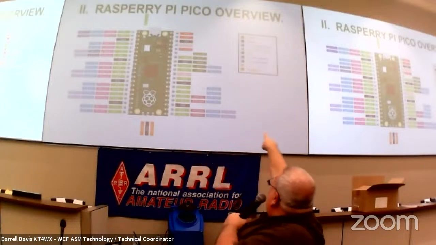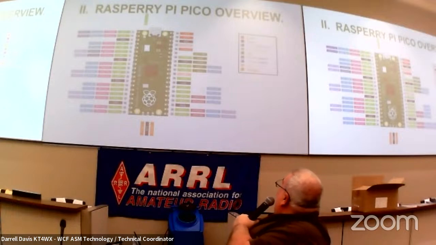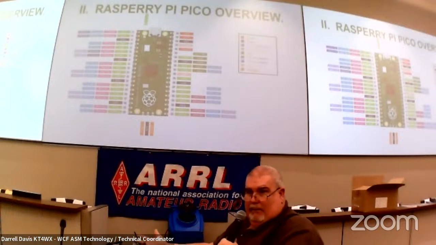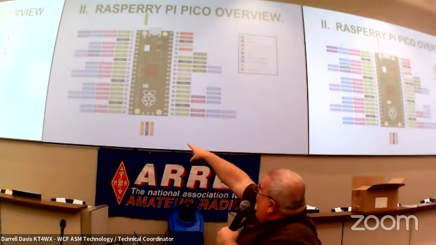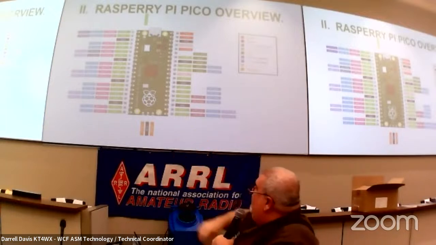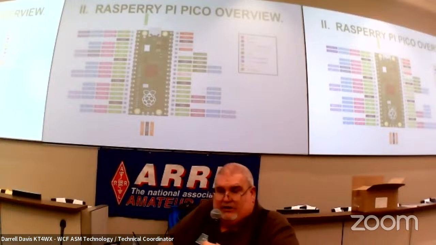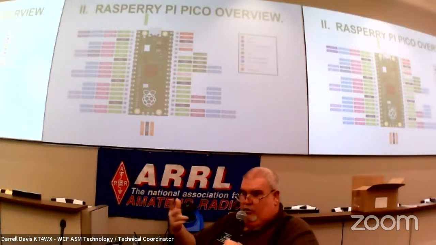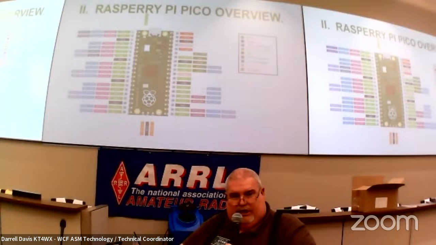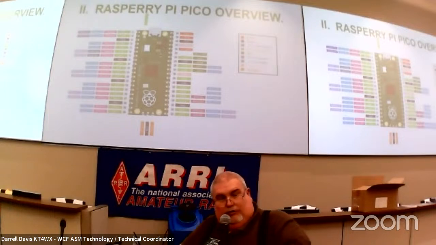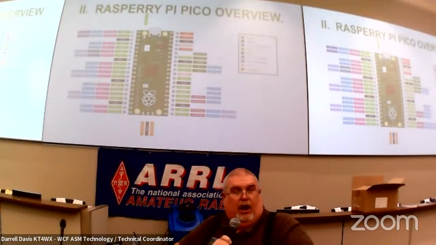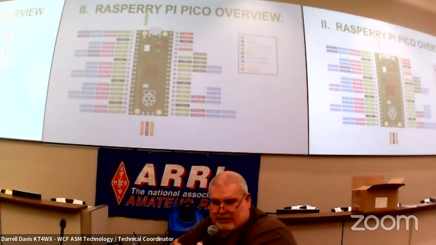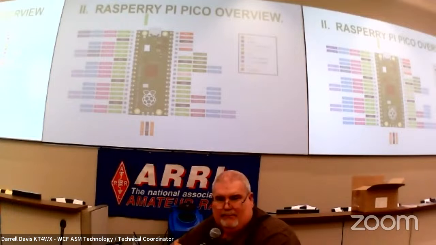So the purple, and it even color codes it over here for you, if you set it, that is a SPI port, depending on how you configure it in software. If it's blue, it's an I2C port. Again, you can configure the device to do two SPI ports and one I2C. The other way around, you could configure it to do 1 or 2 UART ports, whatever you like. It's entirely up to you as the designer how you configure it.